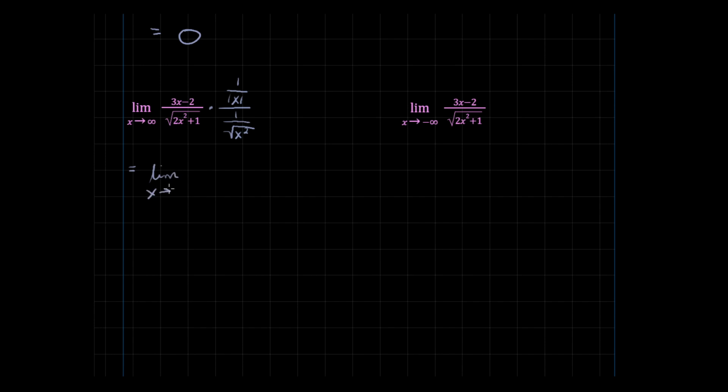Okay, so the limit as x goes to infinity of 3x over x is just 3 minus 2 over x. Numerator was easy. Okay, so then the square root of x squared can go inside of that big radical. So in here, you end up with a 2x squared divided by x squared, which is 2, plus 1 over x squared.